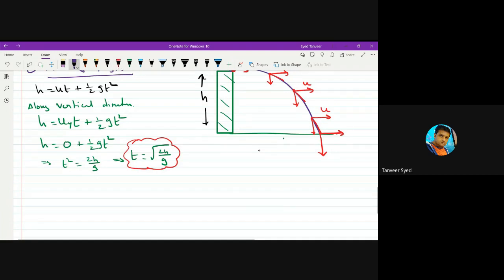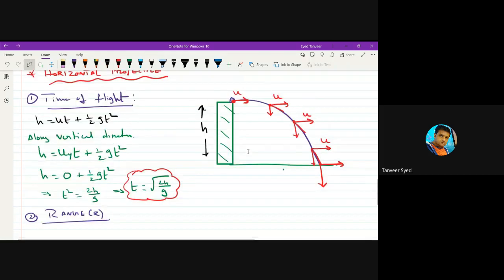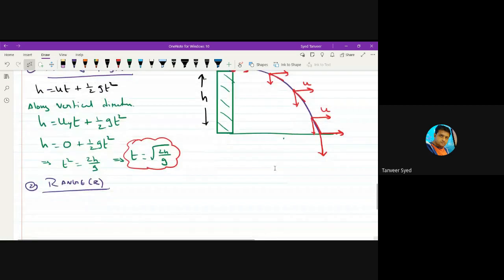Second one, horizontal range, or simply range. Which velocity decides horizontal range? Horizontal velocity decides horizontal range. How is the velocity along horizontal direction? Constant. So displacement is again same, velocity into time.